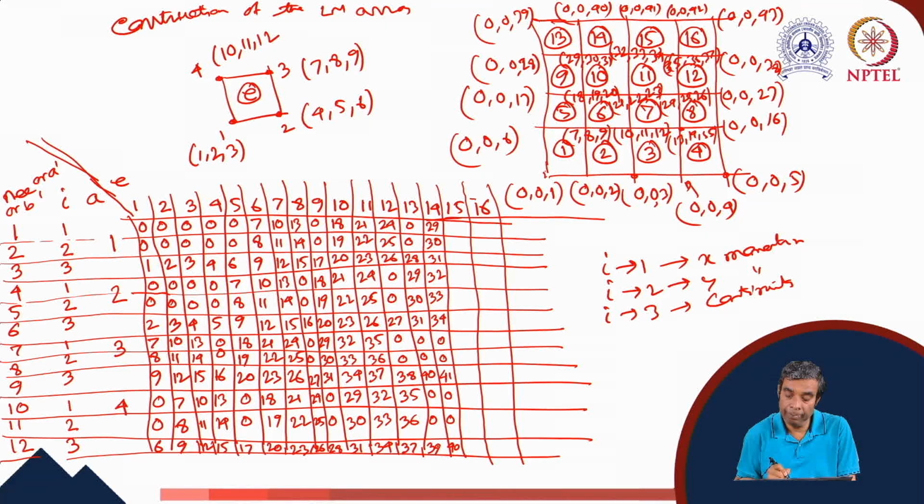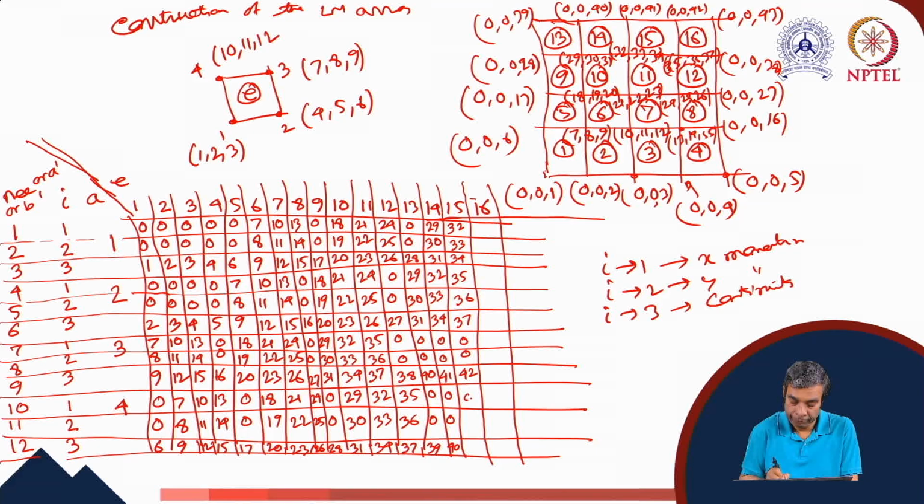For the 15th element, it is 32, 33, 34. Then it is 35, 36, 37, 0, 0, 42.